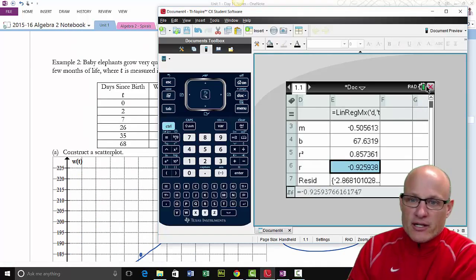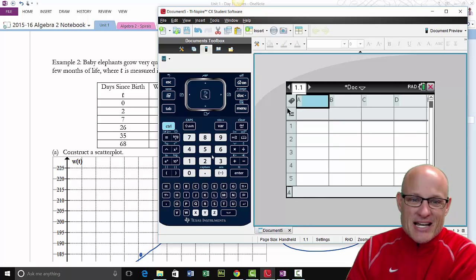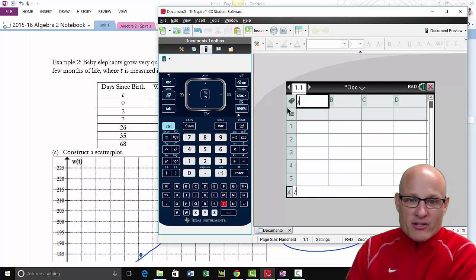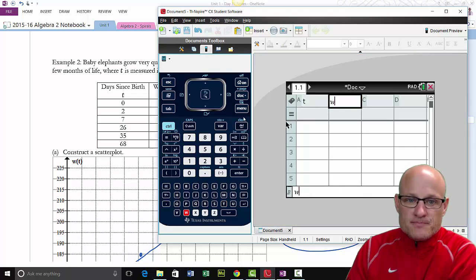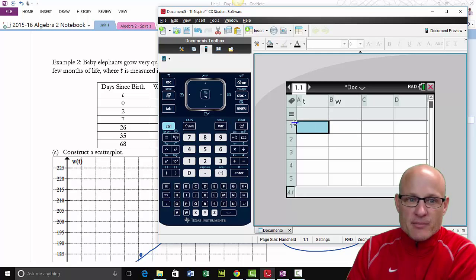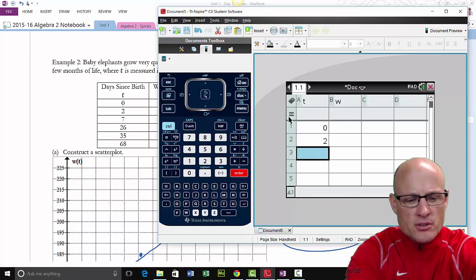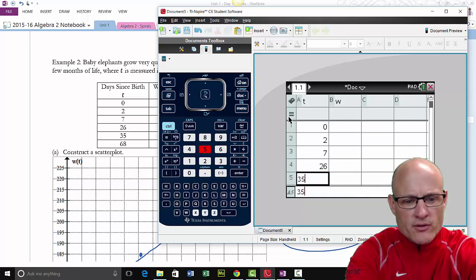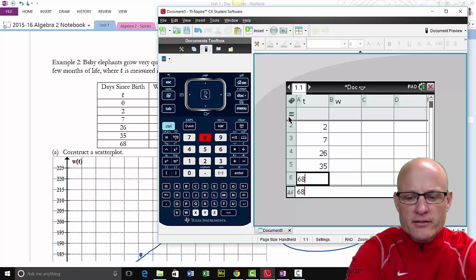We've got to get a new one. So I'll get out of this. And so we've got time. In this case, time is our x value and weight is our y value. So time: 0, 2, 7, 26, 35, and 68.